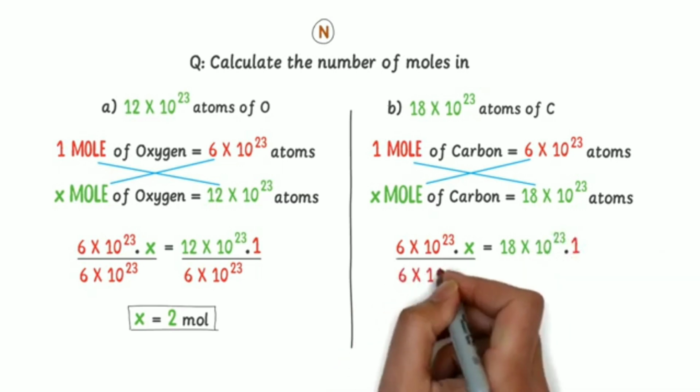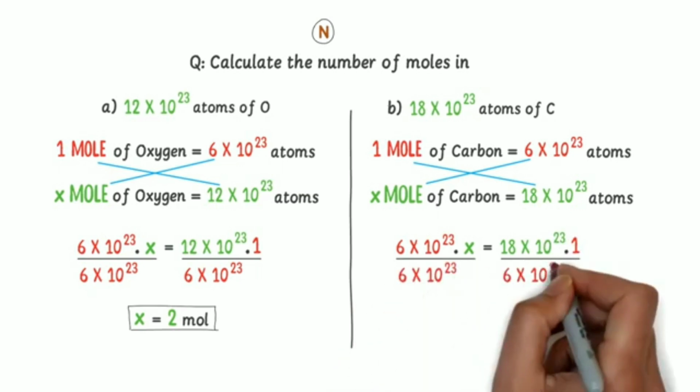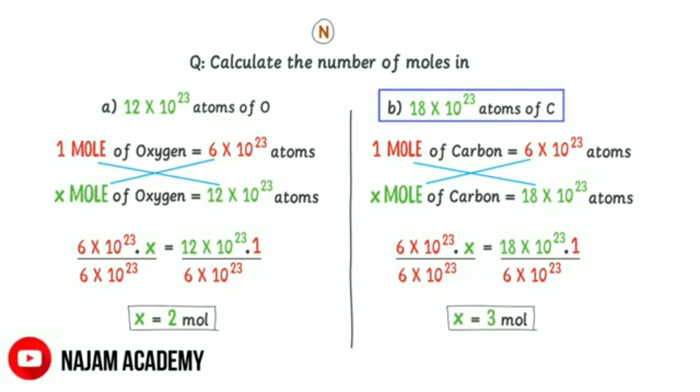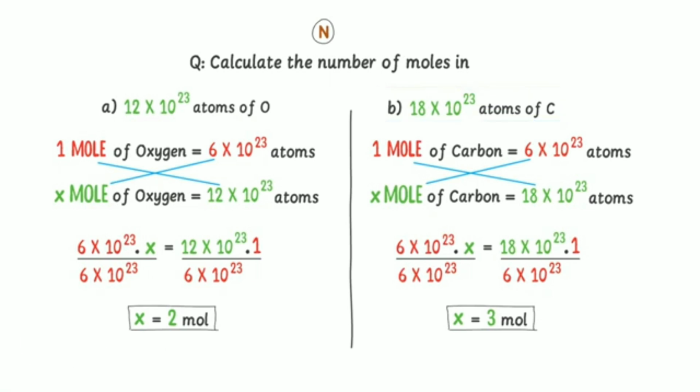Dividing both sides by 6 into 10 to the power 23, I get 3 moles. So there are 3 moles of carbon present in 18 into 10 to the power 23 atoms of carbon. Therefore, in such type of numericals, always use the number N mole relationship to calculate the number of moles.